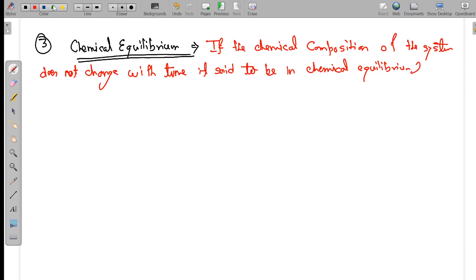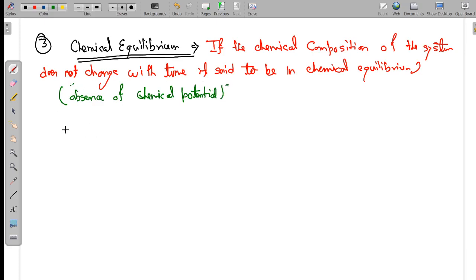From here, we can easily say there should be absence of chemical potential. Okay, what do you mean by chemical potential?